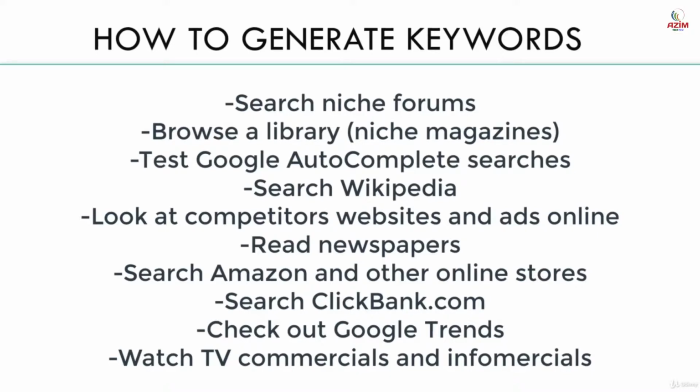Go into Amazon and eBay. Use the autocomplete function in the search field. Browse affiliate networks like CJ.com or ClickBank. Use sites like Google Trends to see if you're getting any search volume for your keyword and to get ideas for other keywords. Go shopping. What products are like yours and see what the packaging uses for keywords.